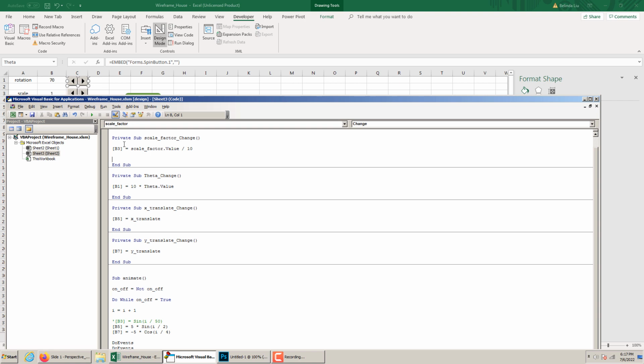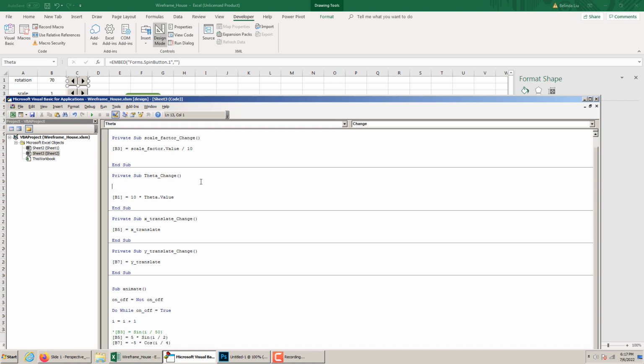We go here and say if theta is greater than 35, then theta is equal to 0.